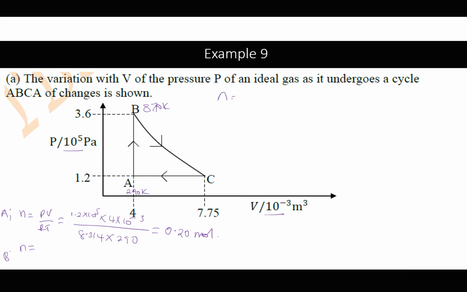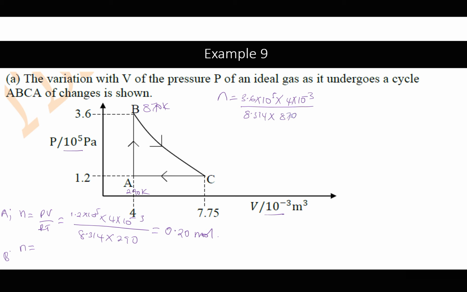The number of moles, considering B, is going to be equal to P, pressure is 3.6 times 10 power 5 pascals, volume at B is still 4 times 10 power negative 3, divided by molar gas constant 8.314 times temperature at B, which is 870.